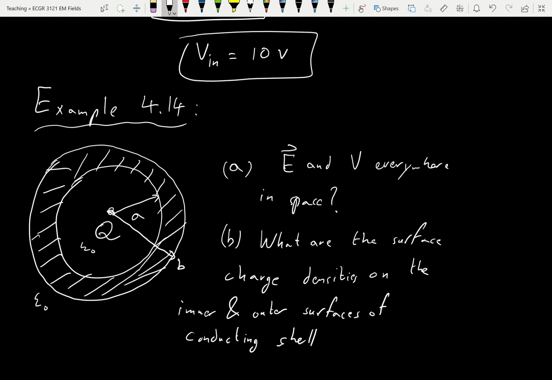Meaning, what are the charge densities on this surface? So this is a conductor with two separate surfaces. So what is the charge density here? Let's call it rho SA. And what is the charge density on this surface? Let's call it rho SB.